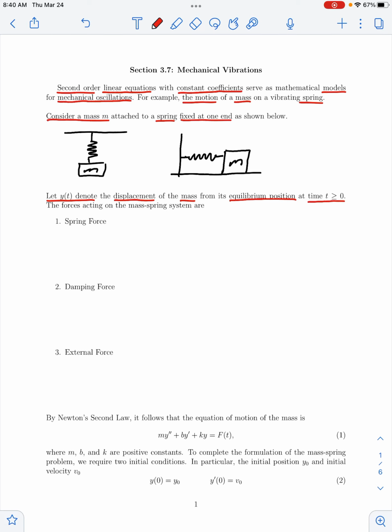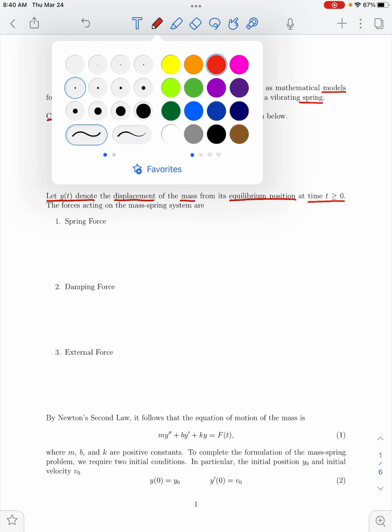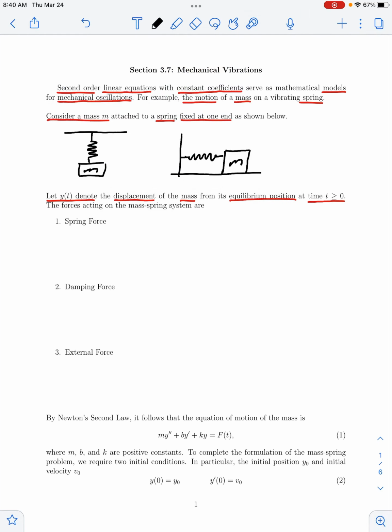So after we initially attach our mass to this spring, it will come to rest at what we call its equilibrium position. And y of t is going to denote our displacement of this mass from that equilibrium position.